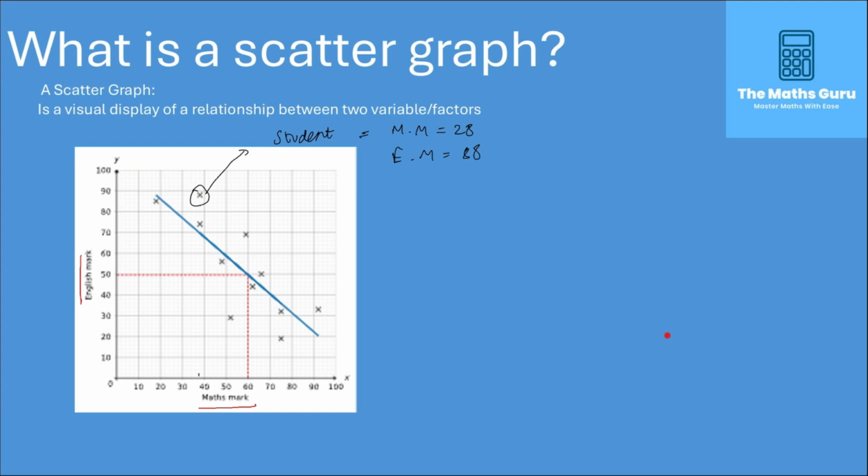It's just working out a relationship between two variables, as we said in the definition. So here, this blue line, as you can see here, is called our line of best fit. And this is just a line drawn trying to cover as many points in the graph. So as you can see, the line has been drawn in the middle of where the points have been plotted.